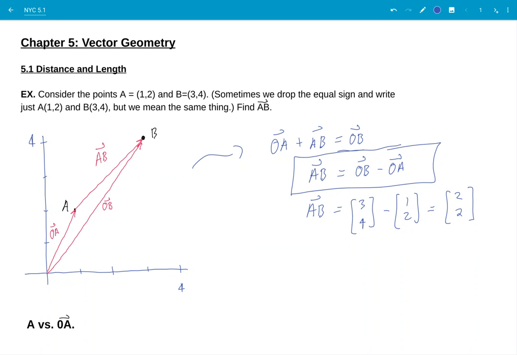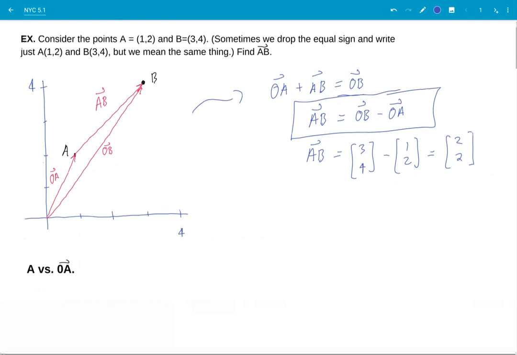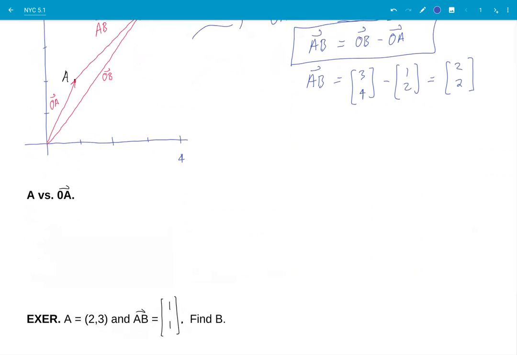Okay, so looking down here, I'm distinguishing between the point B and the vector 0B, at least in this chapter. In chapter 5, I'm going to distinguish between the point B and the vector 0B. Now, I think we should move on.